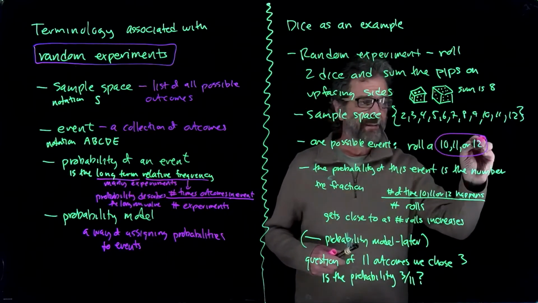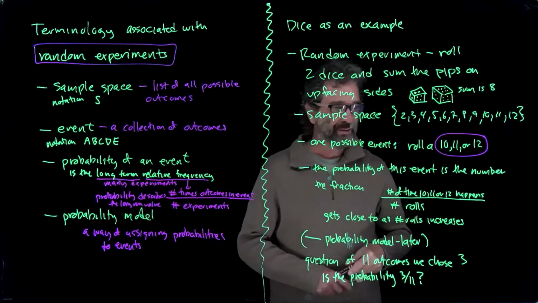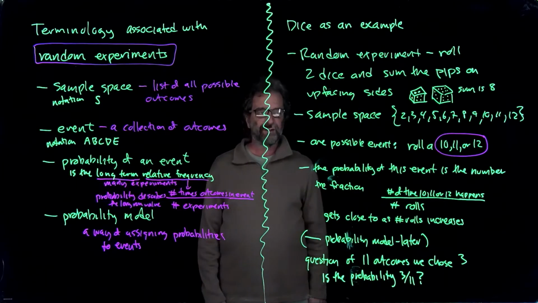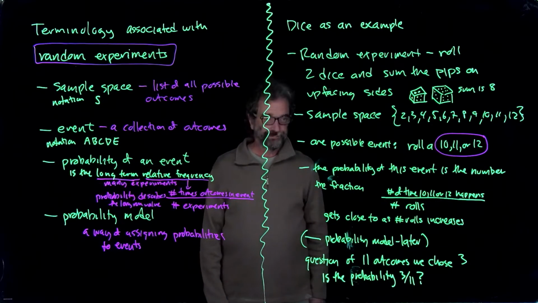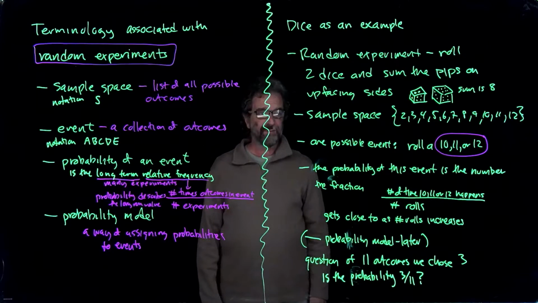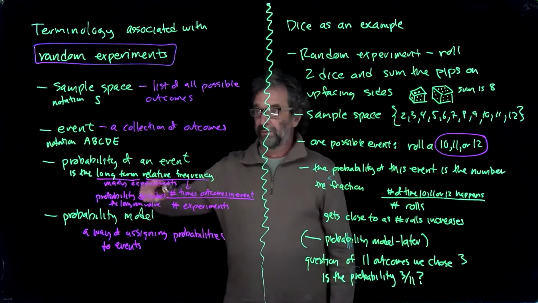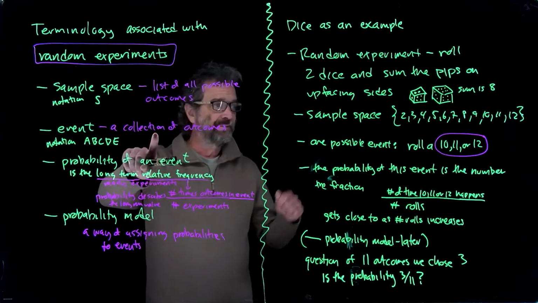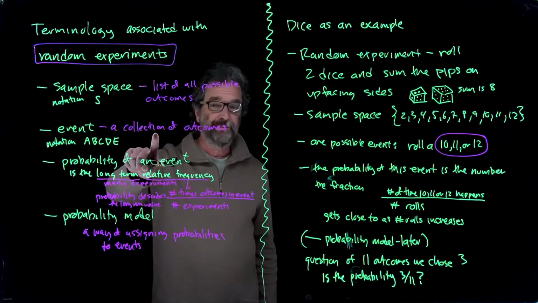We'll say the event happened if I roll 10, 11, or a 12. We could say the event happens if I roll something 10 or larger. We can say the event happens if I don't roll 2 through 9, but 10, 11, 12 is what I'm looking for. So we define an event here as a collection of outcomes, 10, 11, 12. Those 3 outcomes are part of the event.